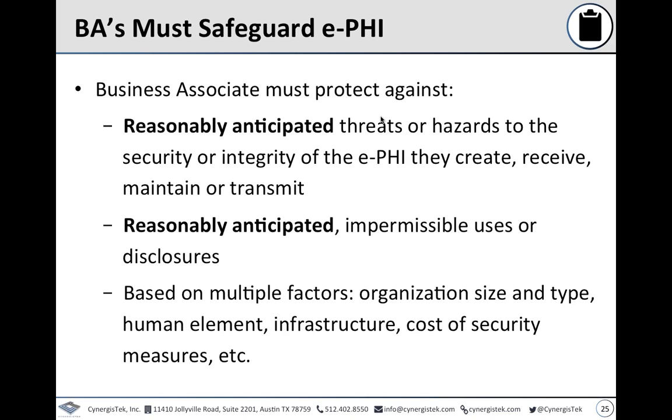In addition, to meet the requirements of the security rule, you have to evaluate how to reasonably safeguard health information, and make sure that you have appropriate safeguards that are reasonable and appropriate for the size and scope of your organization.